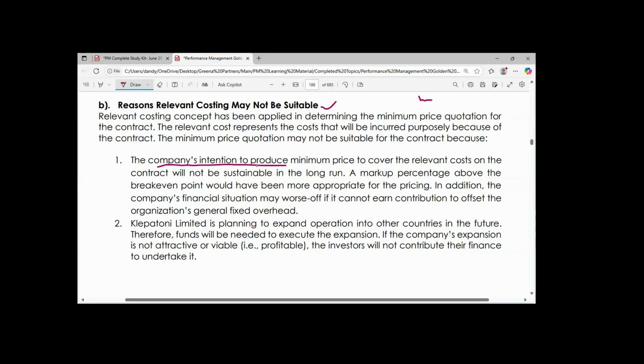That will serve as a motivation for the company. Then number two, Clepatoni Limited is planning to expand operation in other countries in the future. Therefore, funds will be needed to execute the expansion. So if the company's expansion is not attractive or viable to investors, then of course the investor will not contribute their finance to undertake it.